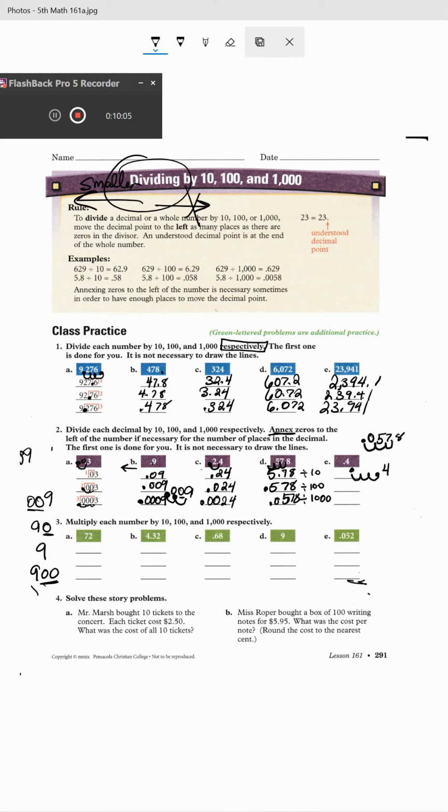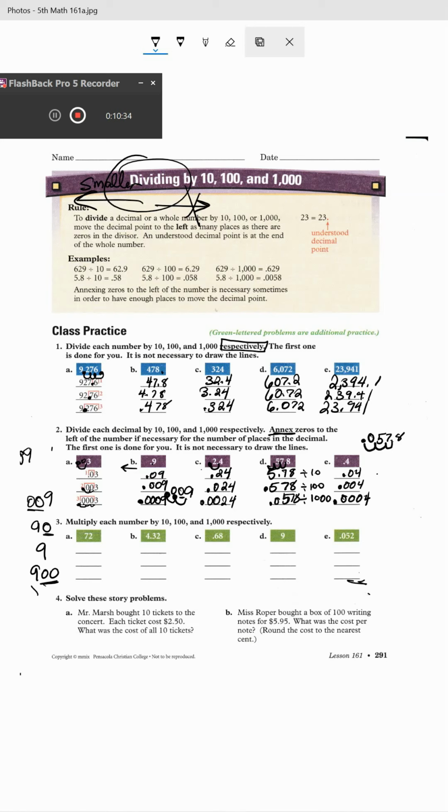So I made 3 jumps because my decimal was already to the left of my number. Add those 3 zeros in. So it's 0.0004. See how that works? All right, so if I'm doing 0.4 divided by 10, I just have to move it over once. Divided by 100, I move it over twice.